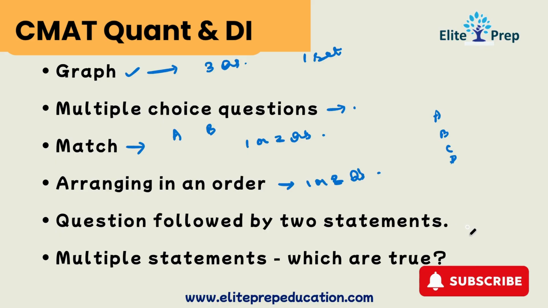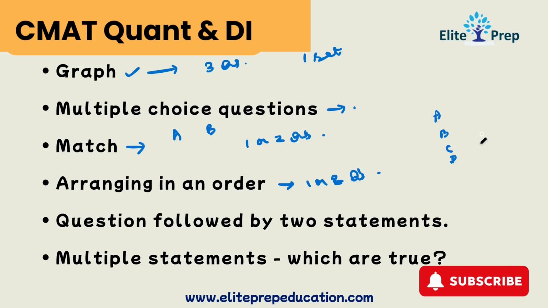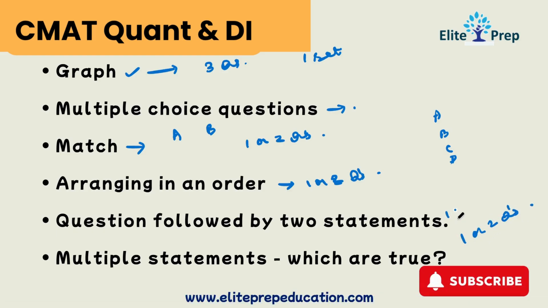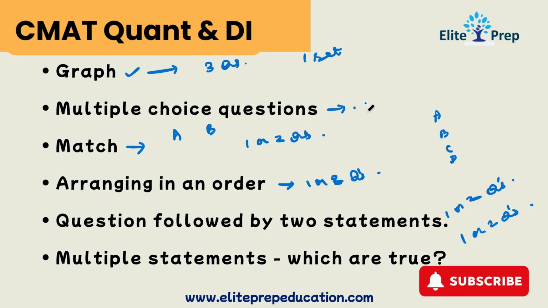Or you can have multiple statements, A, B, C, D, four statements given, and you have to find out which are true. One or many statements, or all four can also be true. For this also you can have one or two questions. This is the weightage for these question types. Apart from this, all the remaining questions are going to be multiple choice questions. Totally, as I told you, 20 questions.